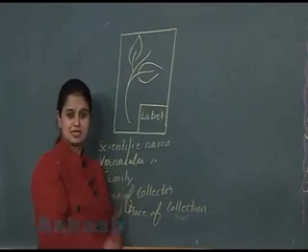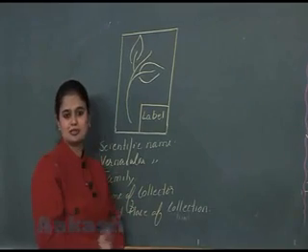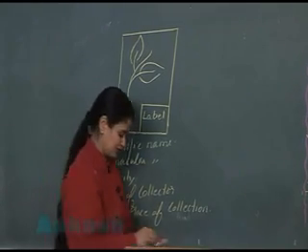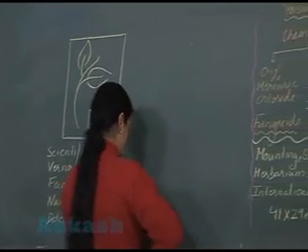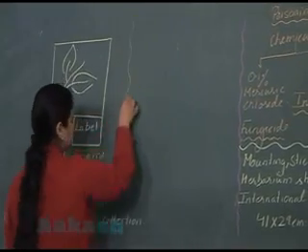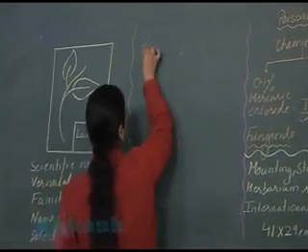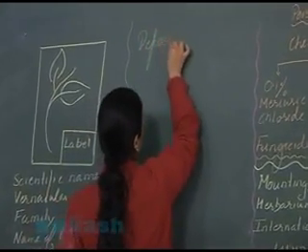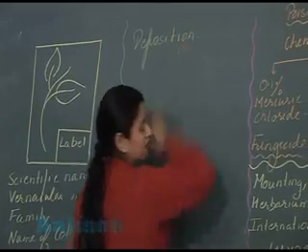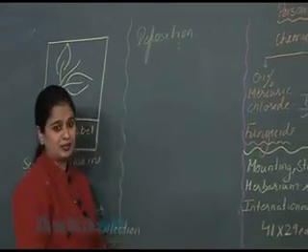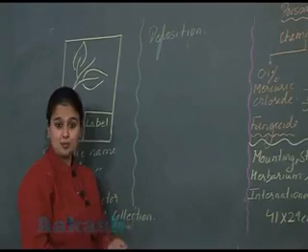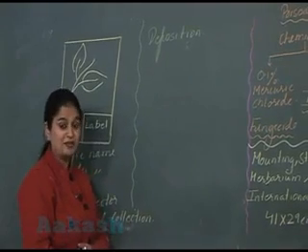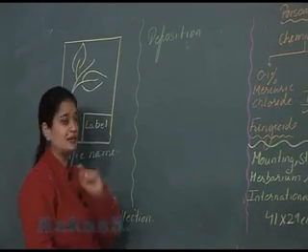Now the last step, now we are going to deposit this specimen, that is deposition. Last step is deposition. Now the dried pressed specimen is deposited in the herbarium where it is systematically arranged.